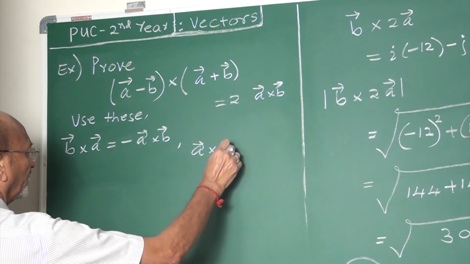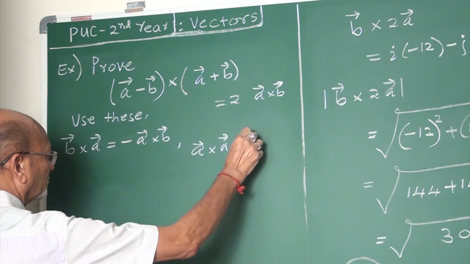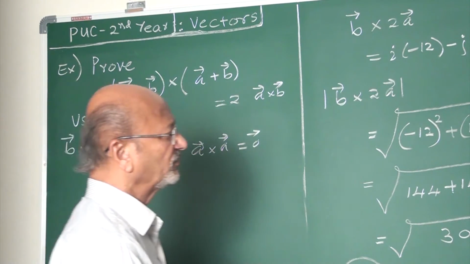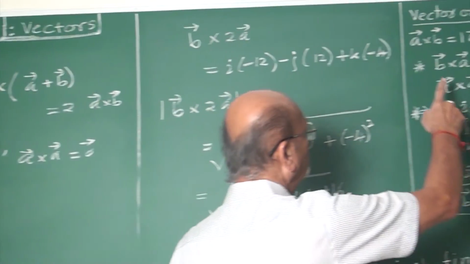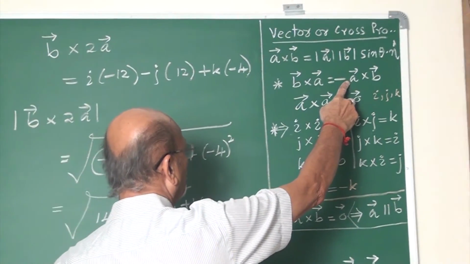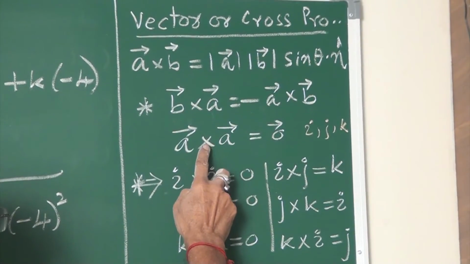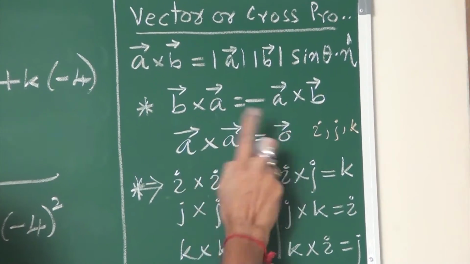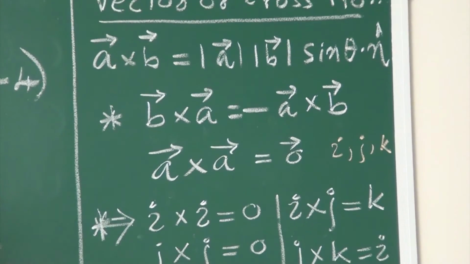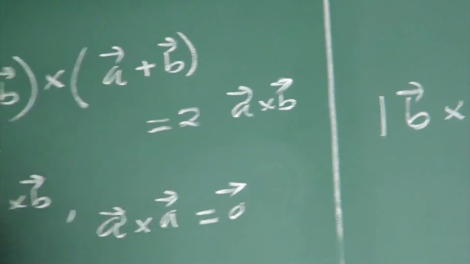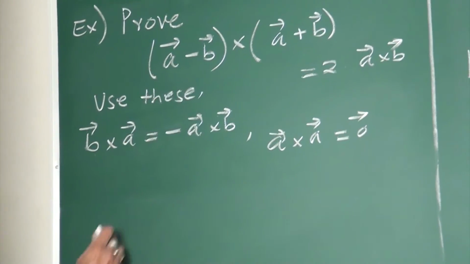A cross A is 0 vector. Properties, my friends, here. See. B cross A is minus A cross B. A cross A is 0, B cross B is 0. It means the cross product of a vector with itself is 0. Any vector A or B or C, anything. Right.